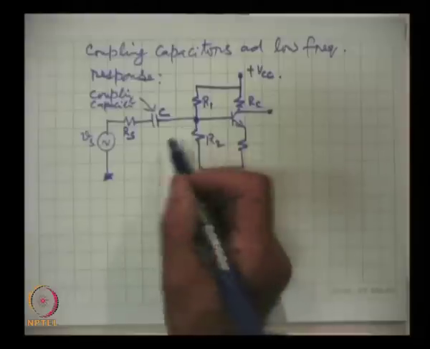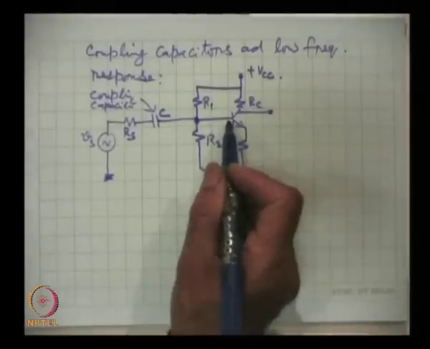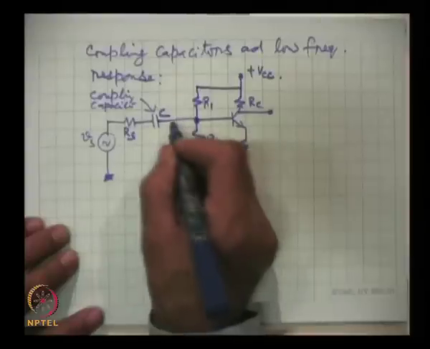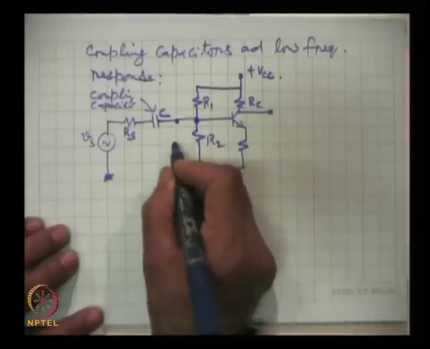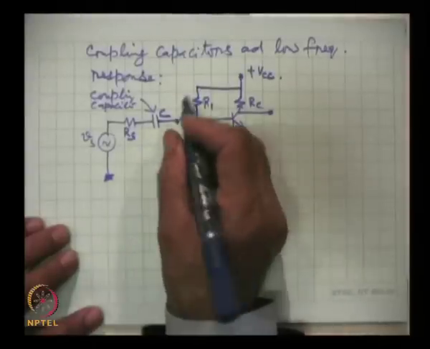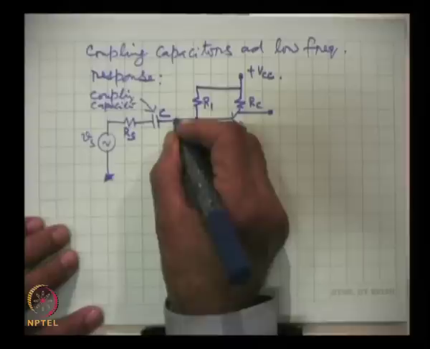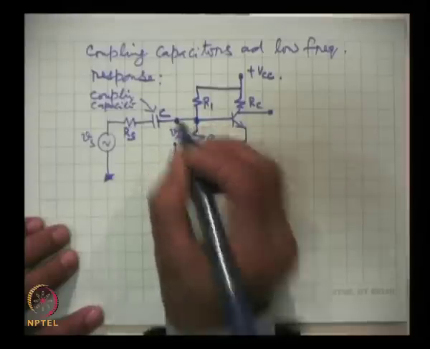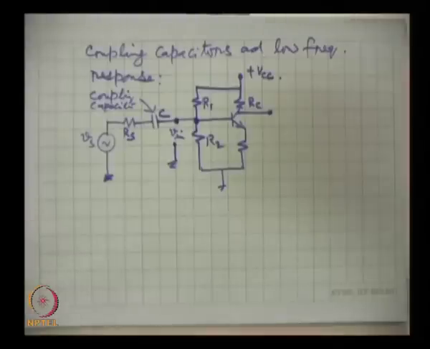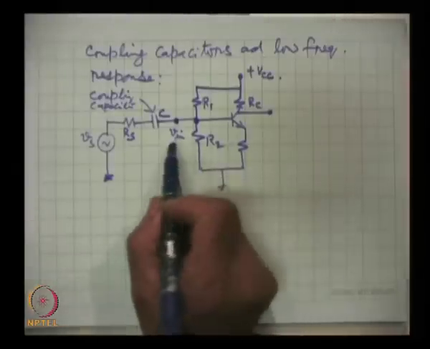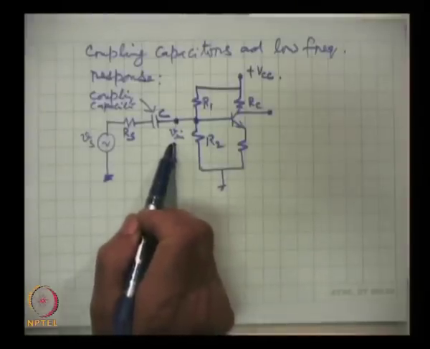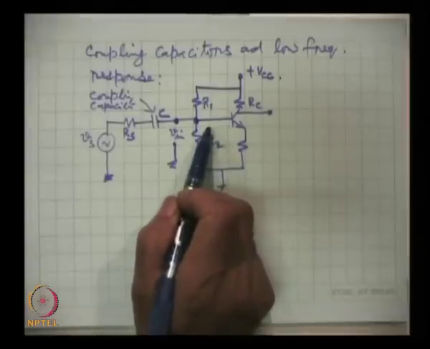It couples the signal to the amplifier. This is the voltage between this point and ground, this is V in. This is the actual signal. Out of Vs, V in is effectively going to the amplifier.